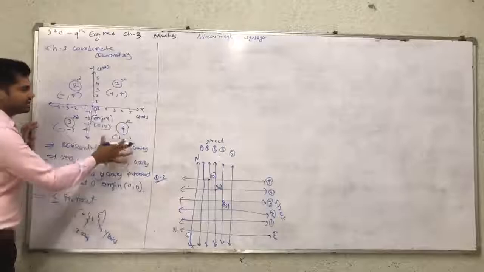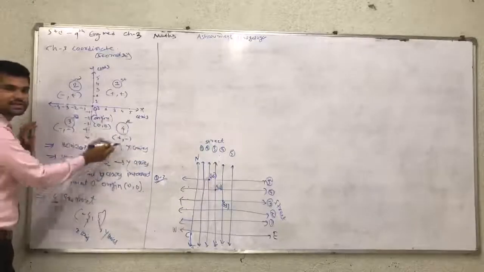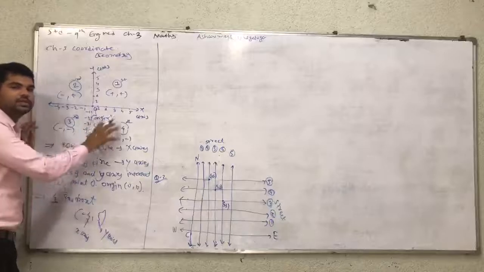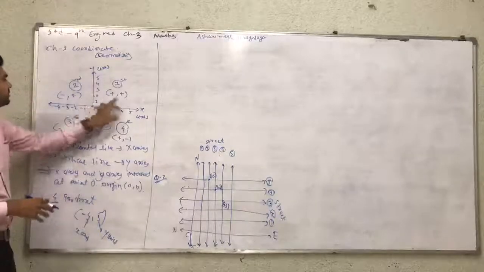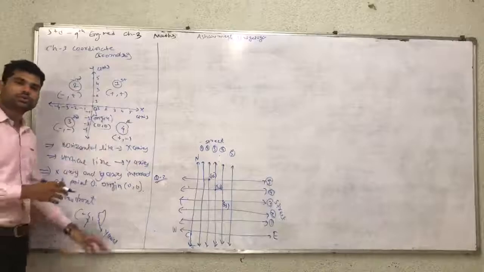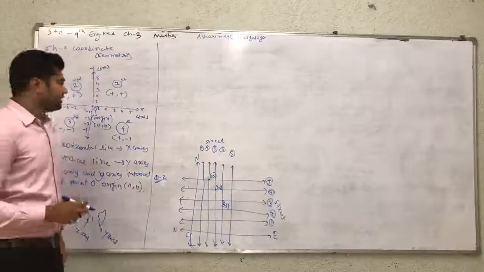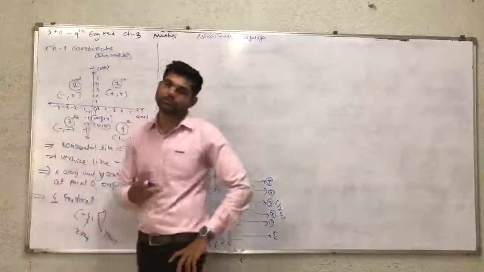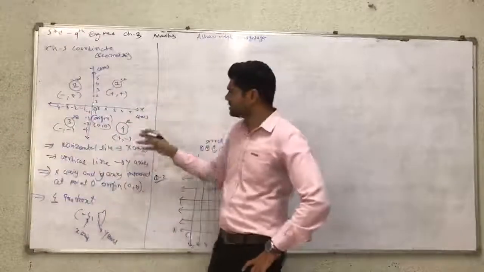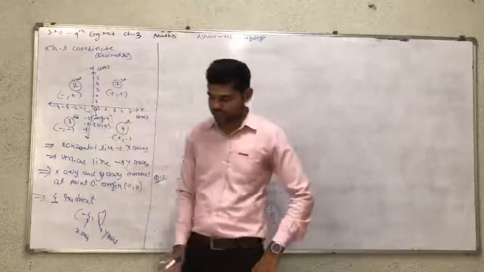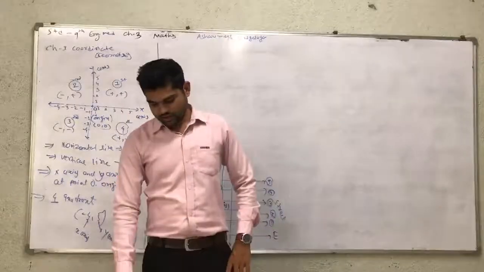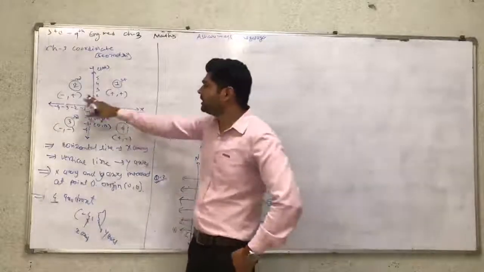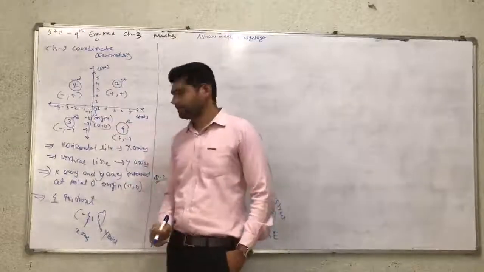So remember that the plane is divided into 4 quadrants by 2 axes, first, second, third and fourth, and these 4 quadrants have different coordinate signs.